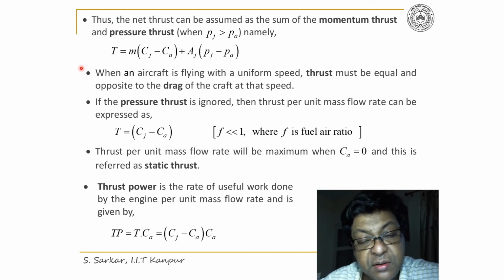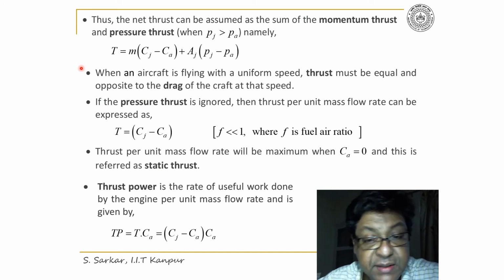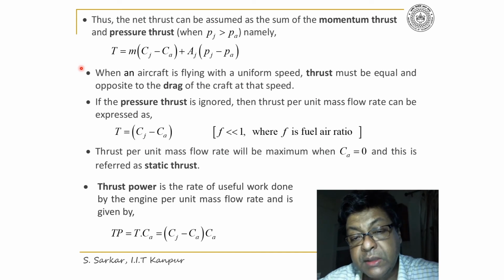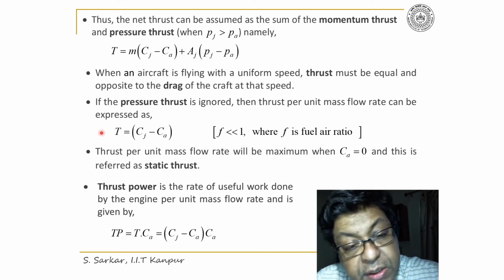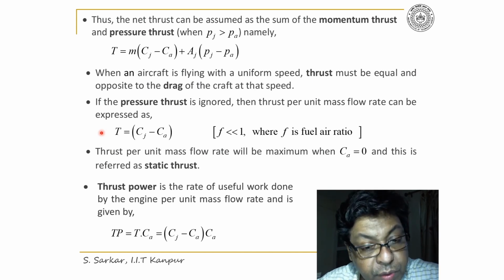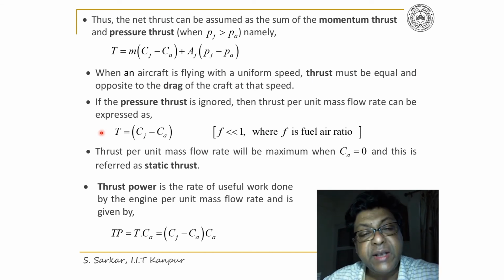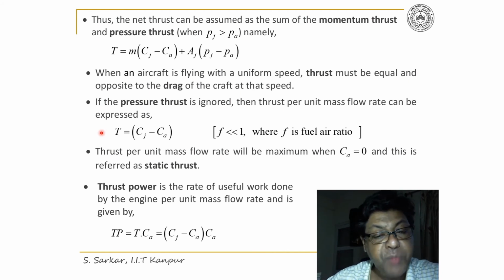Further, if we ignore the pressure thrust, then the thrust per unit mass flow rate can be expressed as T is equal to Cj minus Ca. Now in this case, I have assumed the fuel-air ratio is small.